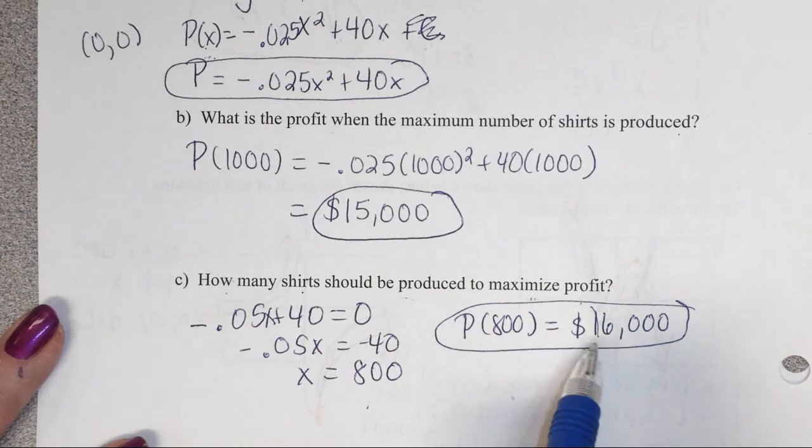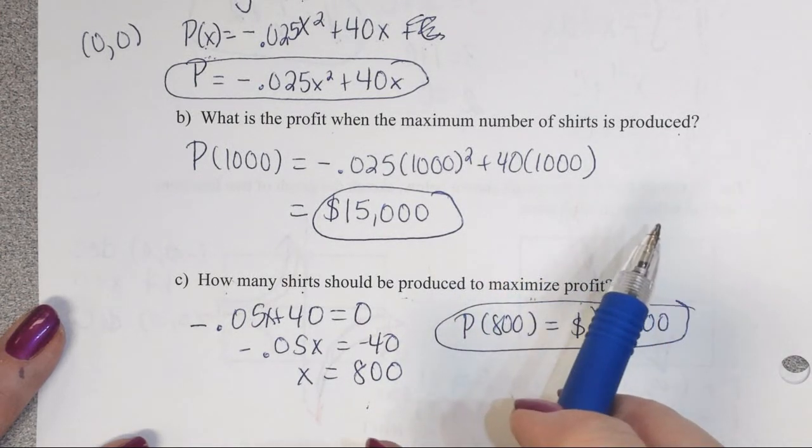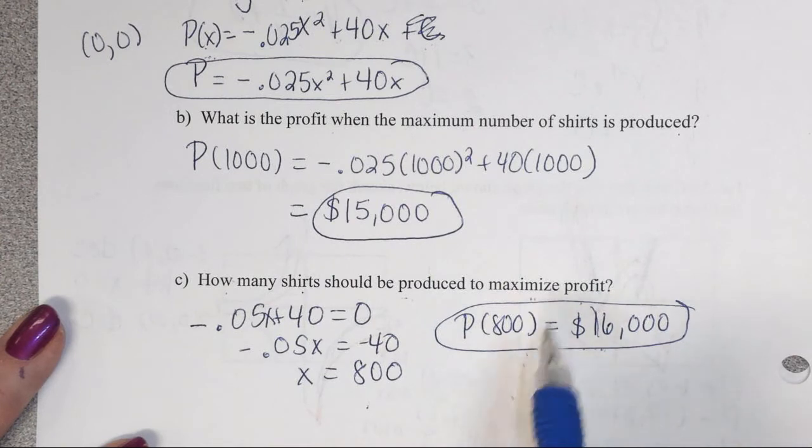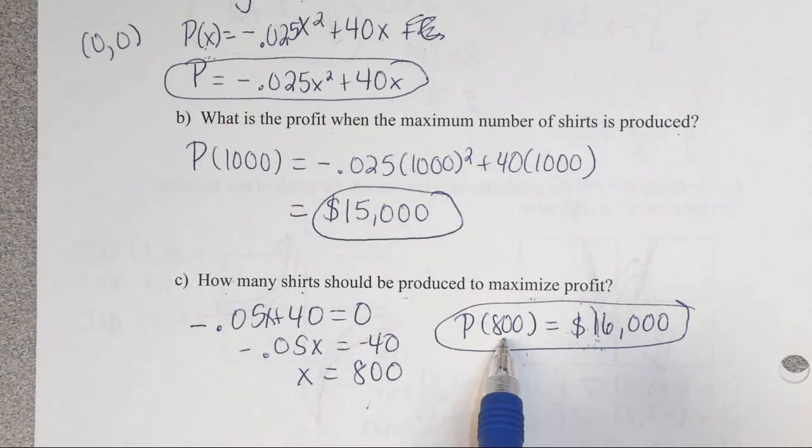That's per month is what it was. They're going to make $1,000 more per month if they produce 800 instead of producing 1,000. They don't want to produce as many as they're capable of producing.